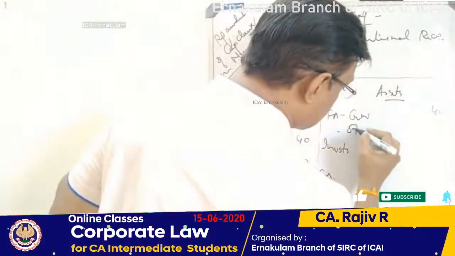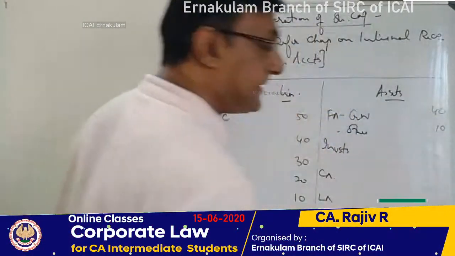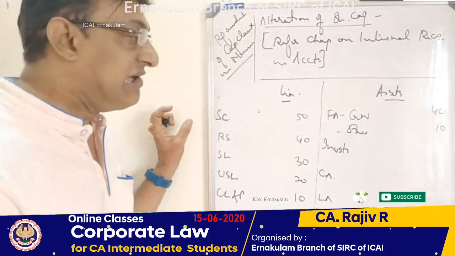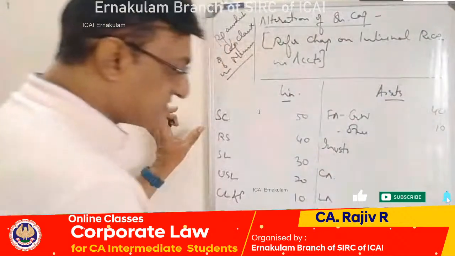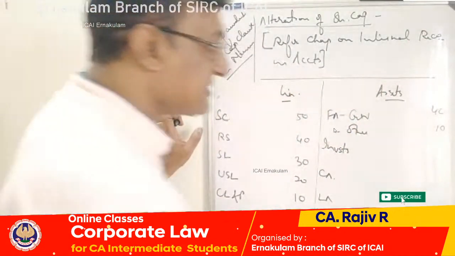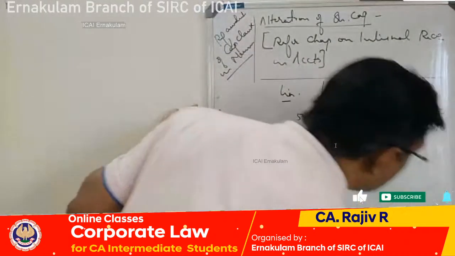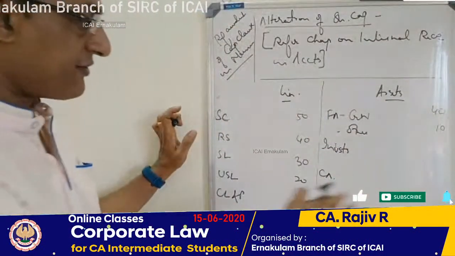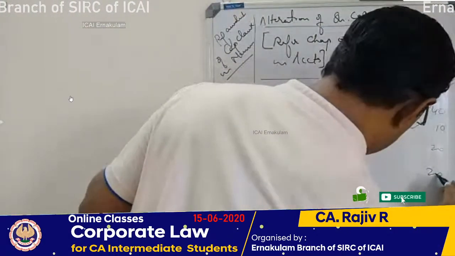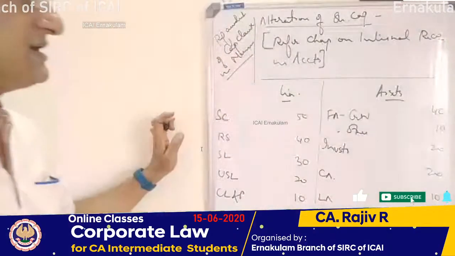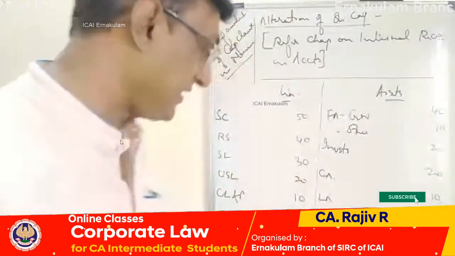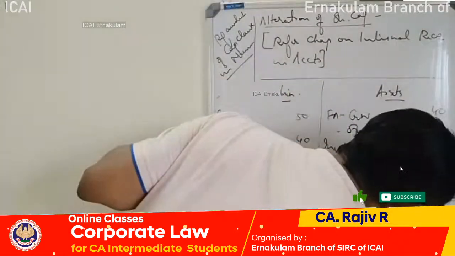Other fixed assets, 10. Miscellaneous expenditure, to the extent not written off or adjusted, is about 50. So 100 gone. This is, let us say, 20, 20, 10. 70, 50, 70, 90, 100, 150. Balance sheet successfully tallied.